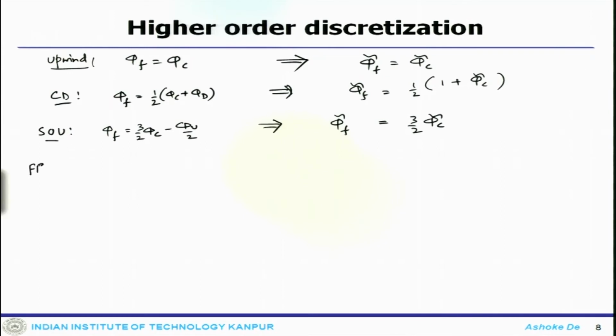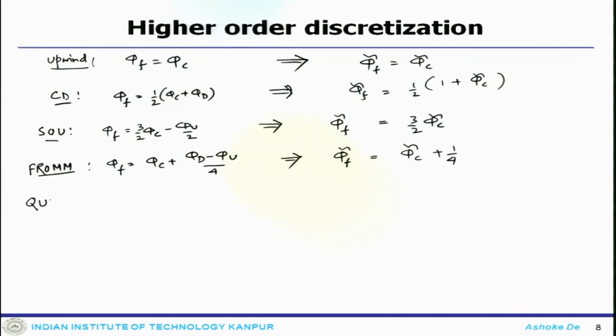Then, for the scheme where phi f was phi c plus phi d minus phi u by 4, it will get transformed to phi f tilde equals phi c tilde plus 1 by 4.